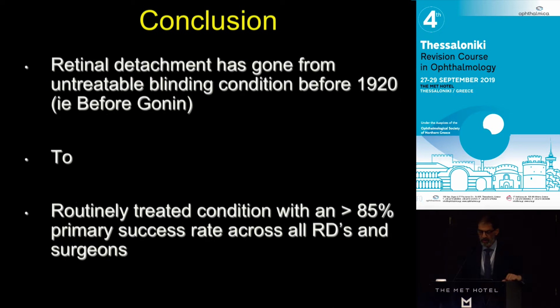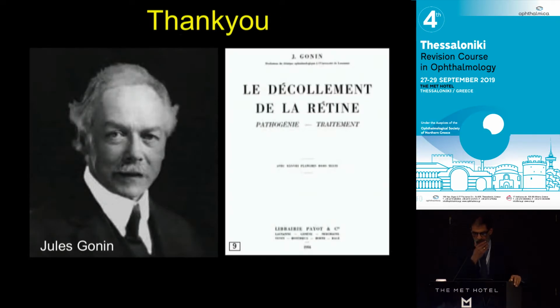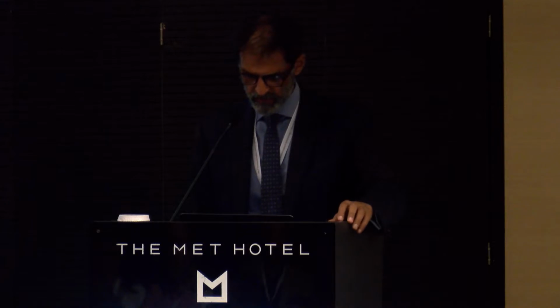So retinal detachment has gone from being an untreatable blinding condition before 1920 and possibly well into the 60s and 70s, but it's now routinely treated with a greater than 85% success rate in well-trained subspecialty. So, of course, we leave thanking Jules Gonin, and next year I'm sure we'll all be celebrating the 100th anniversary.